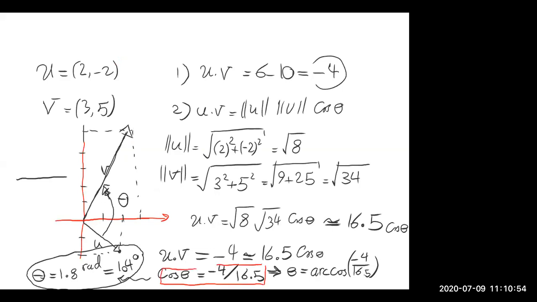So cosine would be negative here. It shows this angle is greater than 90. It's the angle theta. So if theta is greater than 90 degrees and less than 180 degrees, it's in the second quarter. And when you are in the second quarter, cosine would be negative.